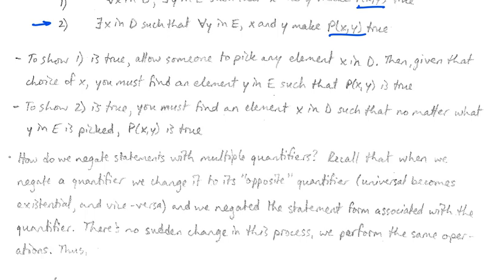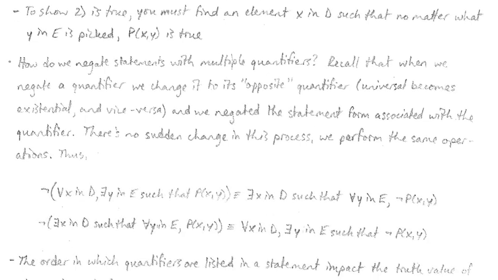Well, when your given statement has more than one quantifier, it still works the same way. You still change each quantifier to its opposite, and you take the negative of your statement form. So to say not, for all x in D, there exists y in E such that P of x comma y, that's logically equivalent to there exists x in D such that for all y in E, not P of x comma y.